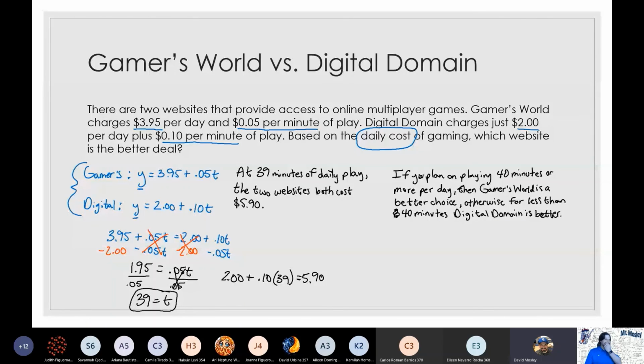So in a comparison type problem, when we're solving the system, the solution to the system provides us that cutoff point, where before that solution, one of the two options is better, and after that solution, it switches to the other one.